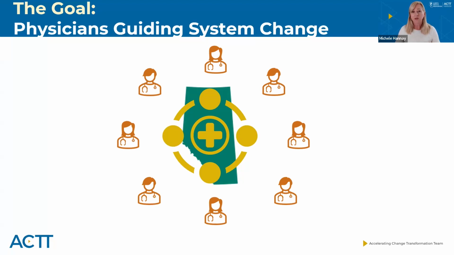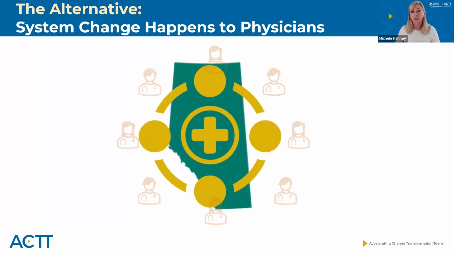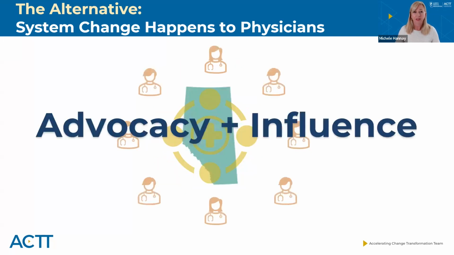But for physicians to really guide system change, they need to have the ear and sometimes sit at tables with administrators and even politicians. Because if we don't have physicians willing and in positions to advocate and influence, system change will happen to physicians, and that will affect us all. We need physicians ready and able to advocate and influence at every level.